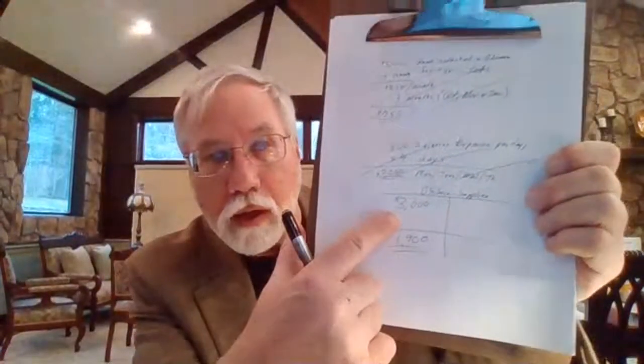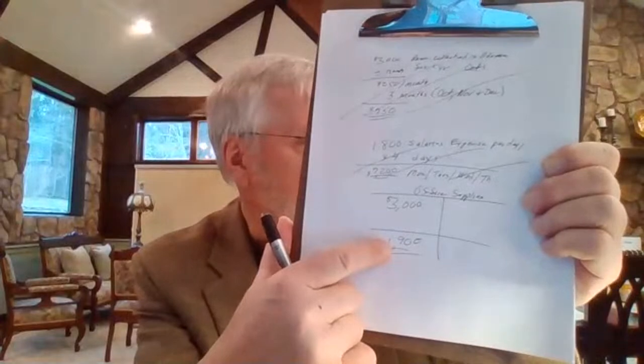All right. Where were we? Oh, the office supplies account has a balance of $3,000. They tell us it should have a balance of 1,900. So the account shows us one thing. Reality tells us something else. So how do we go from 3,000 down to 1,900?